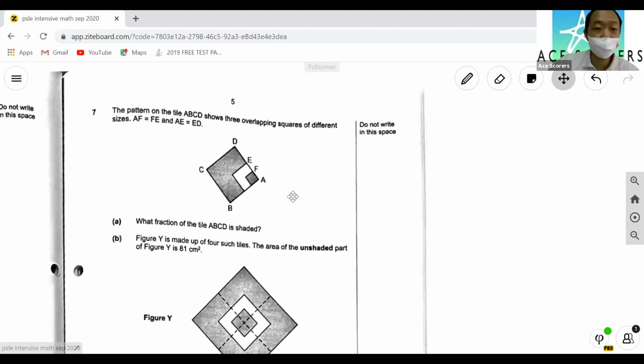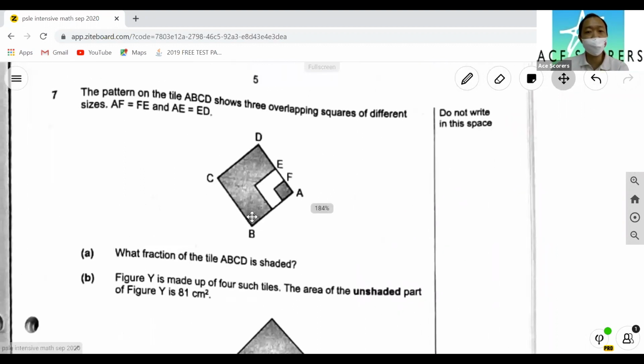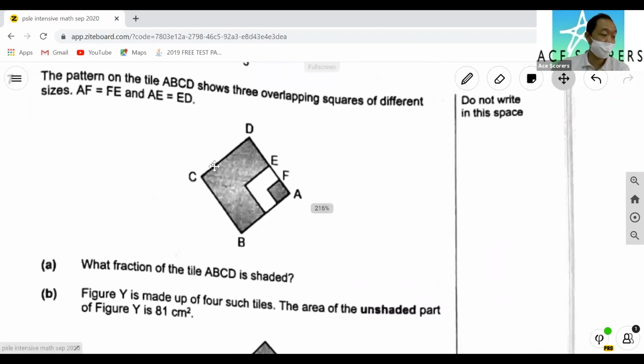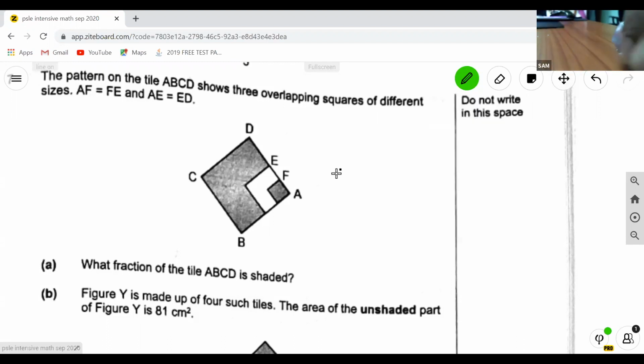What fraction of the tile ABCD is shaded? For this type of question, usually we cut into smaller pieces, like this. I'm going to use a straight line. I haven't even finished cutting.